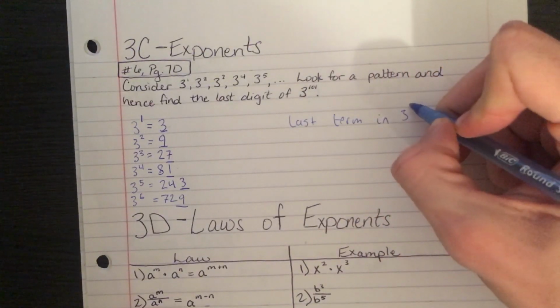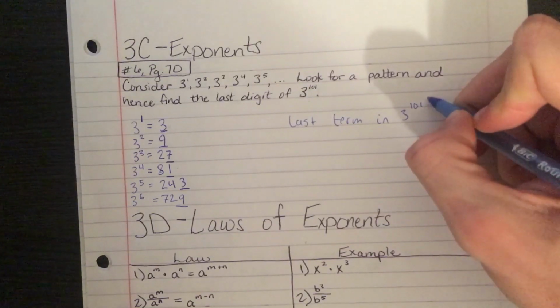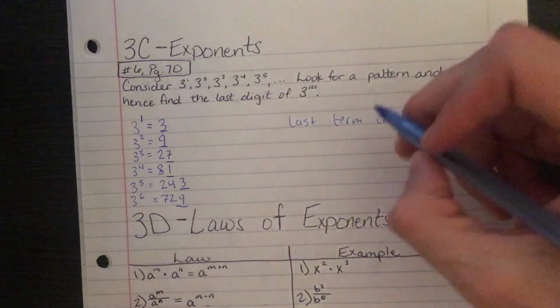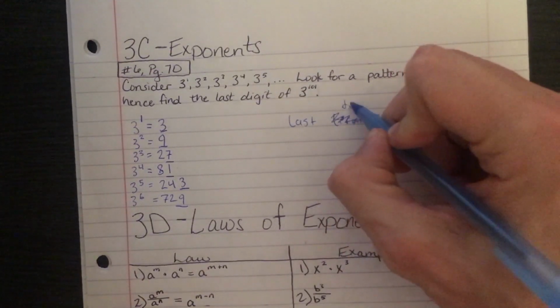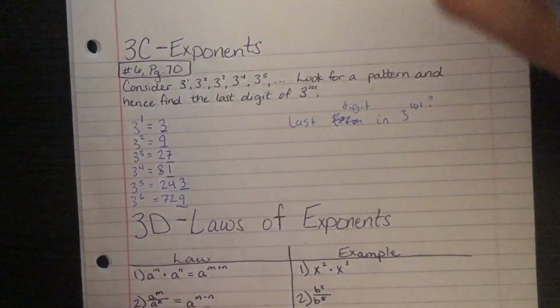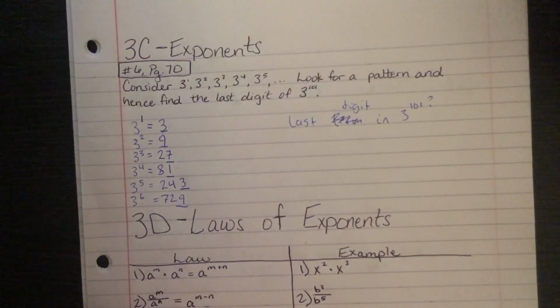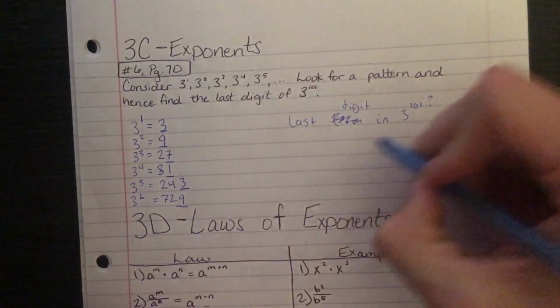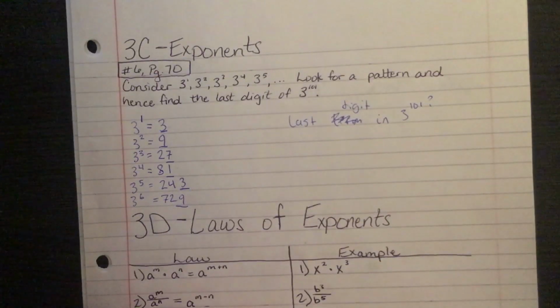in 3 to the 101st, the last digit, not the last term, what we can do is apply that pattern long term. We can say, okay, well, 101, how many cycles through that would that be?